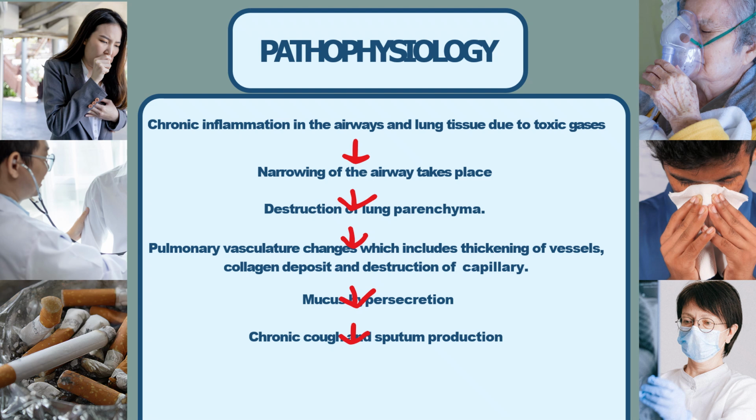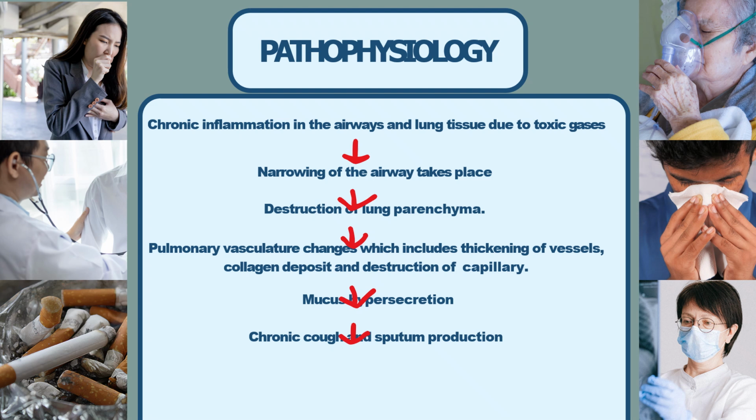When we talk about the pathophysiology, it always starts with the etiological factors. Whatever it be, there's a chronic inflammation in the airways and the lung tissue due to toxic gases. That leads to narrowing of the airway, which leads to destruction of the lung parenchyma.